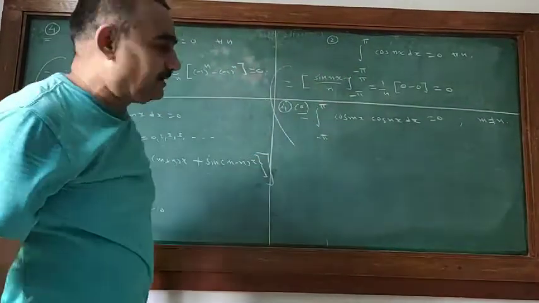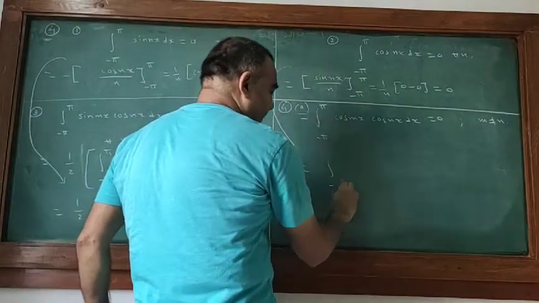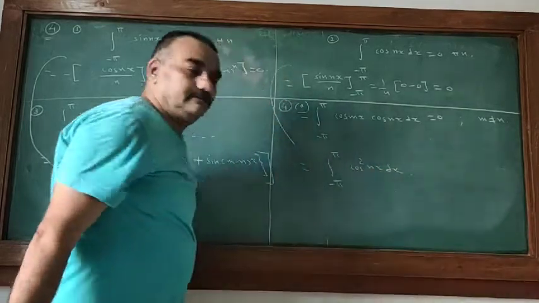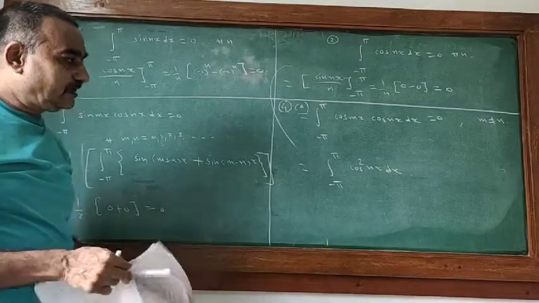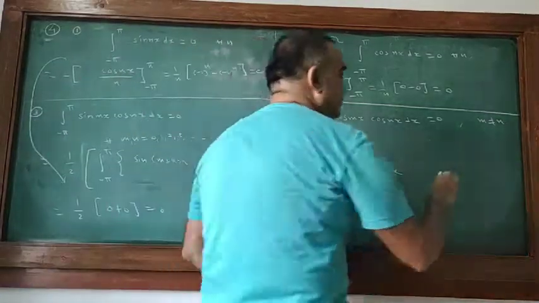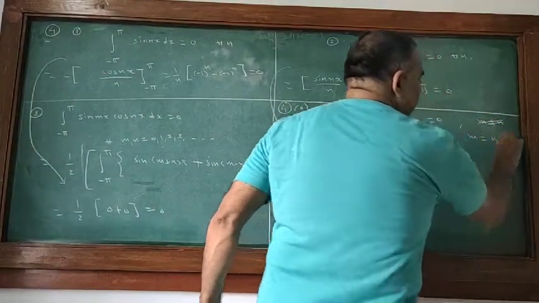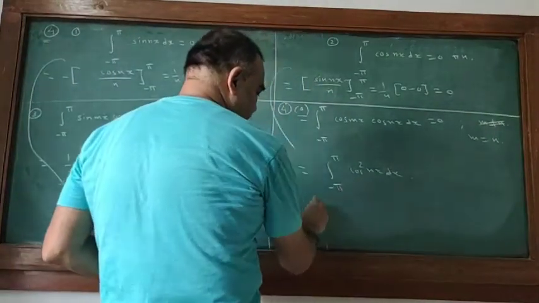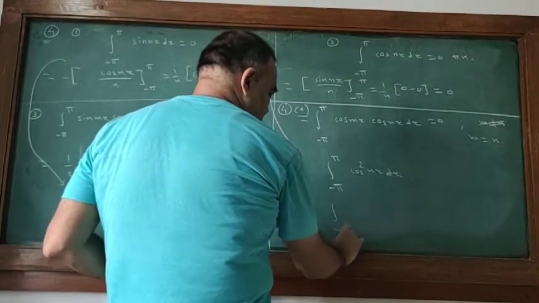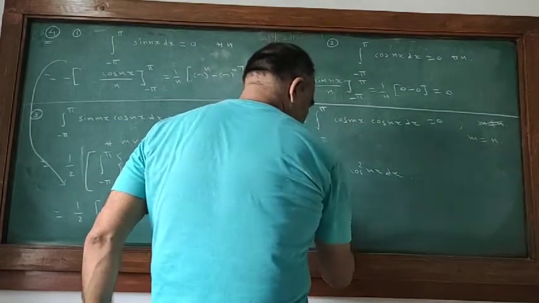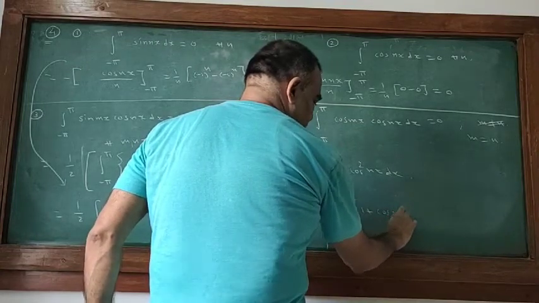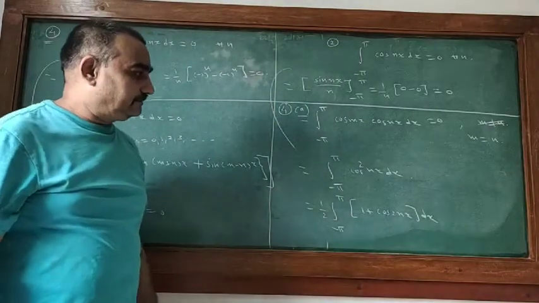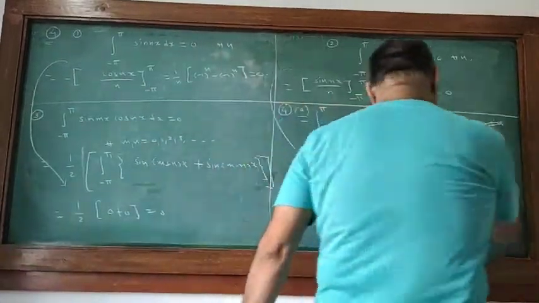If M and N are the same, then this is equal to the integral from minus pi to pi of cos square nx dx. Now the case is M equal to N. So this is equal to 1 plus cos 2nx over 2.